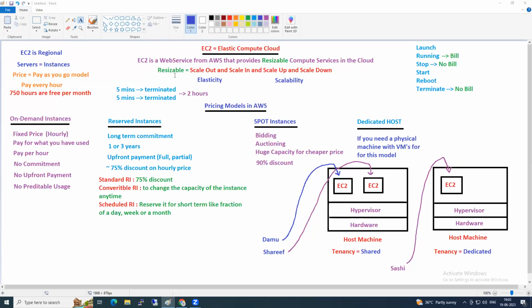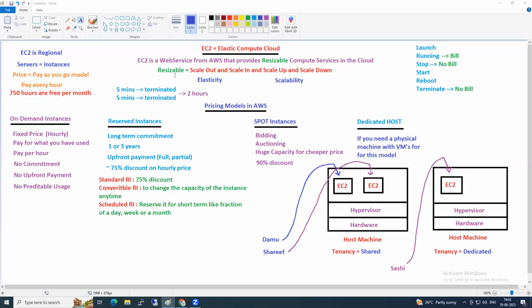A simple example of shared and dedicated: in Ameerpet, if you guys are staying in rooms, is the room dedicated or shared? How many are there per room? 5 members. Okay. So for 5 members, it is a shared one, correct?